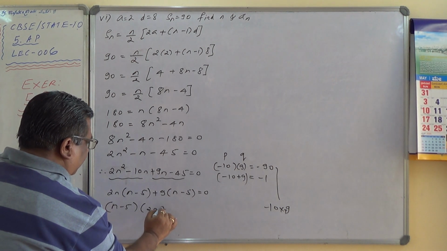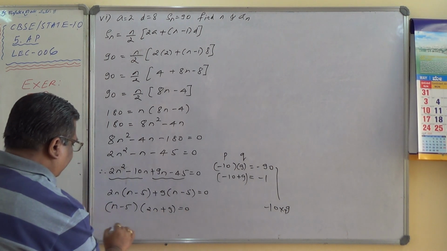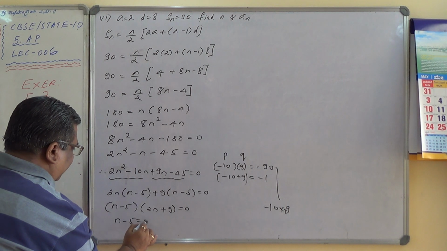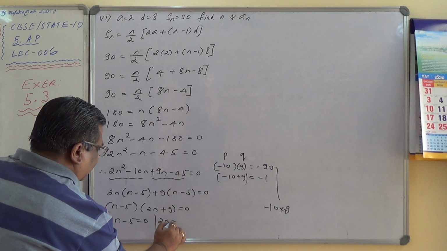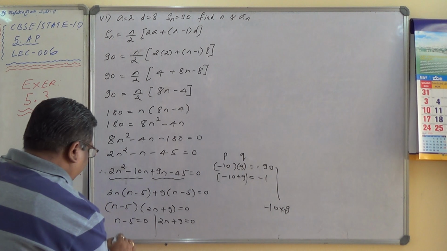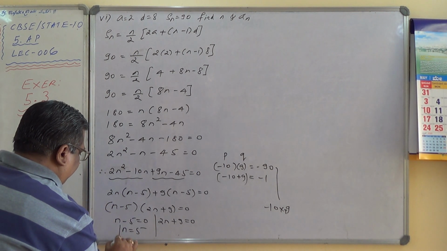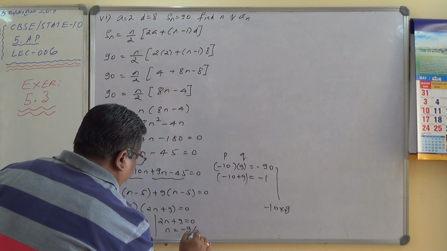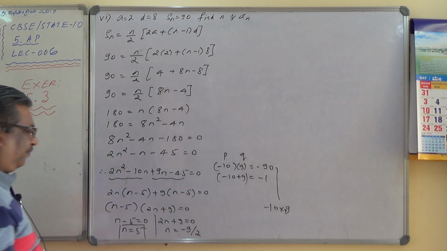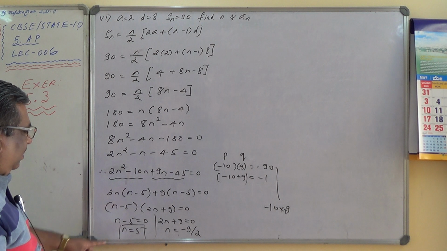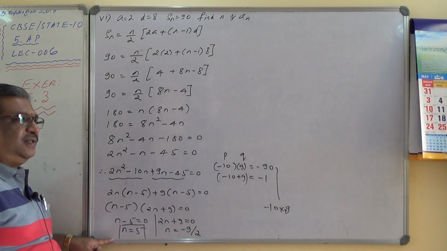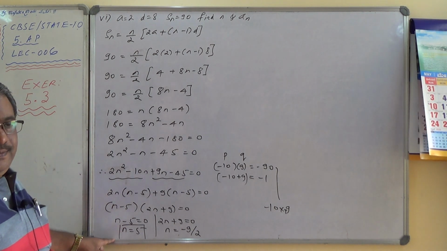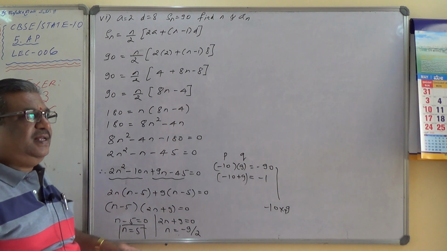into 2n plus 9 equals 0. n minus 5 equals 0, 2n plus 9 equals 0, n equals 5, one value, n equals minus 9 by 2. N in arithmetic progressions can never be negative because n is a natural number.